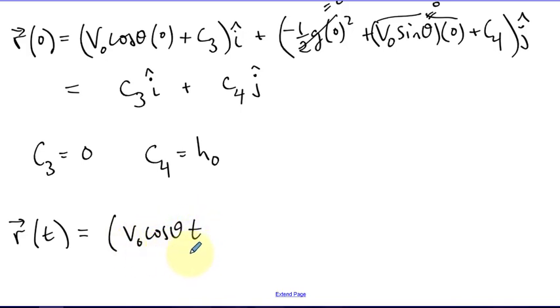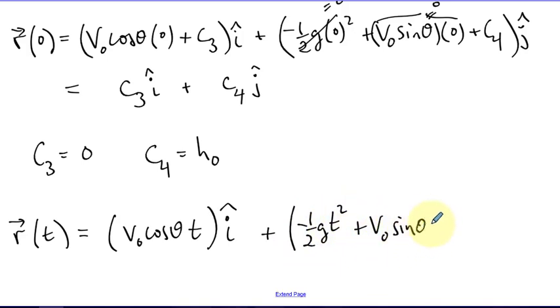Here's where I'm dropping those extra parentheses because it's just simpler to write and understood, hopefully, in the context. Plus 0, right? So that is my I component for the position vector. And the j component, negative 1/2 g t squared plus v0 sine theta t.